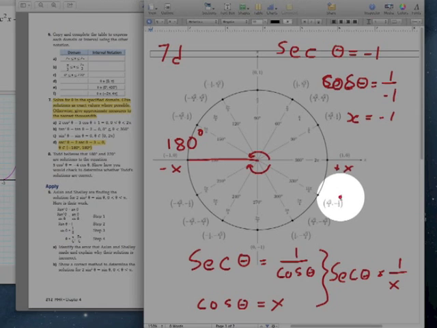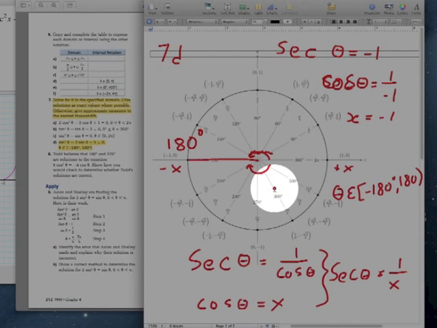Remember that our system was theta belongs to [-180, 180). So 180 degrees is not a valid answer. This one won't work, so only the -180 will work.